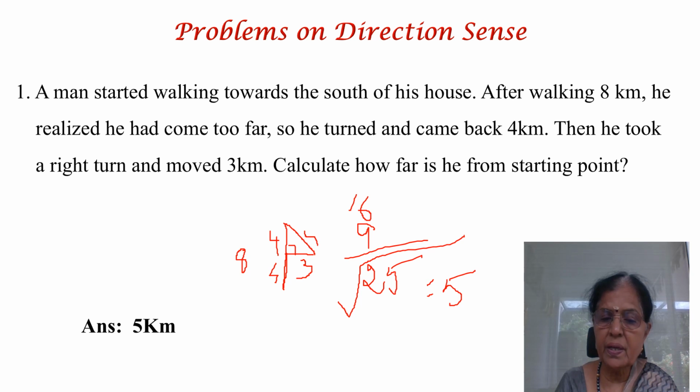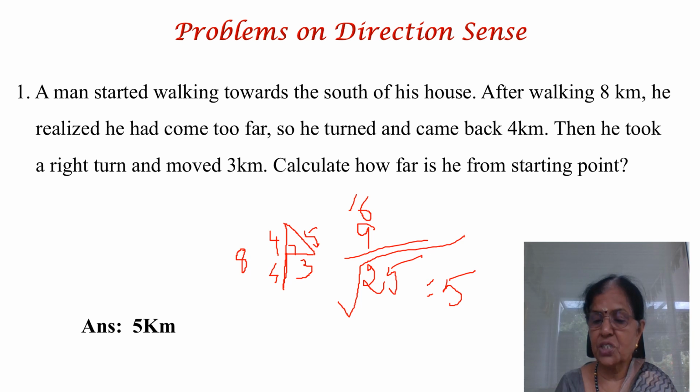Why are we calculating the square root? Because what we got is the h squared. H squared is equal to b squared plus p squared. So b squared is 3 into 3 and p squared is 4 into 4. 4 into 4 is 16 and 3 into 3 is 9. Total is 25. 25 is h square and we don't want h square.